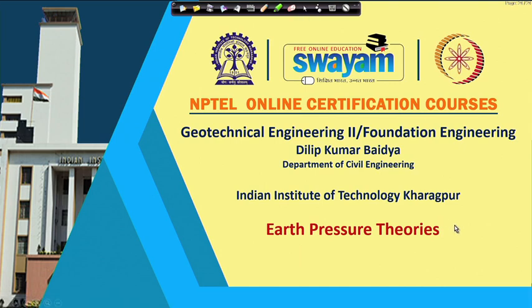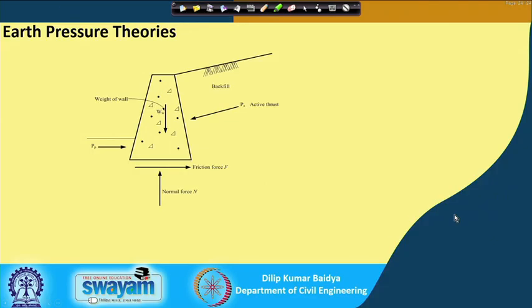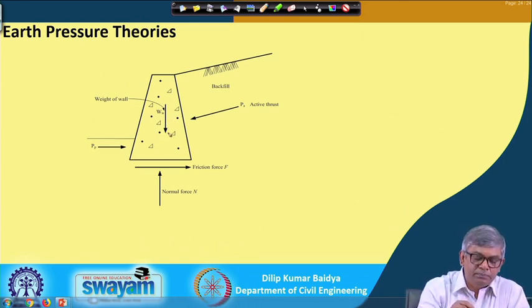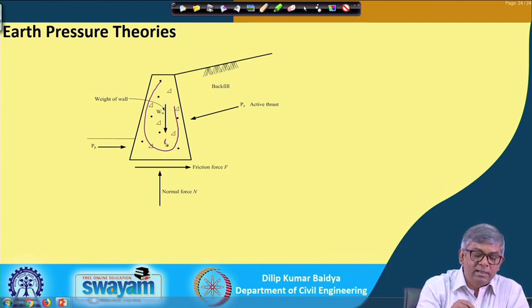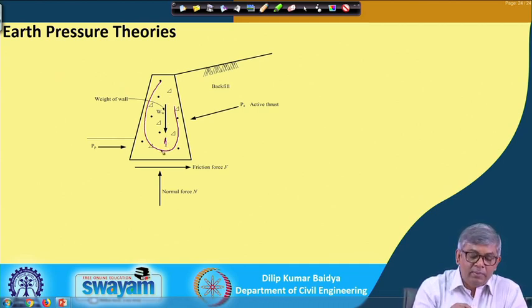You can see, first of all, if I take a typical retaining wall, it looks like this. This is a typical gravity retaining wall. On the gravity retaining wall there will be a number of forces, and you can see its own weight will act like this, and obviously it will have a normal reaction and soil retained here.